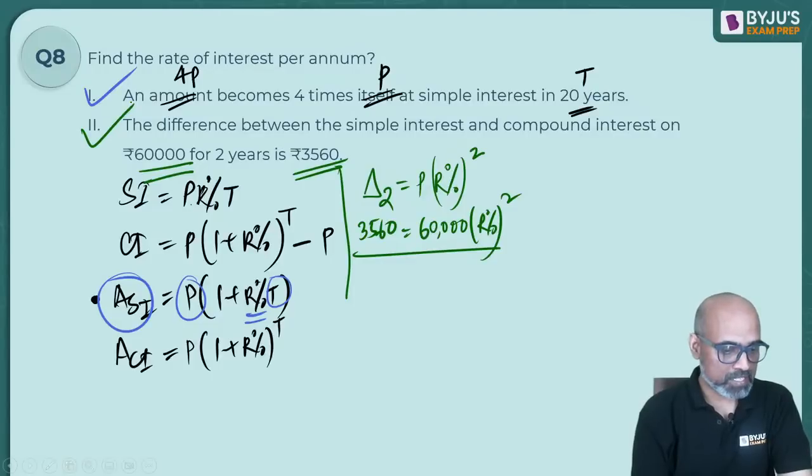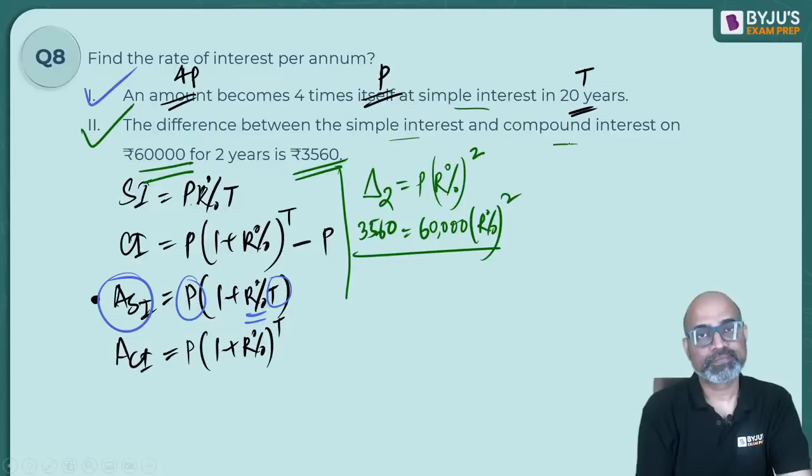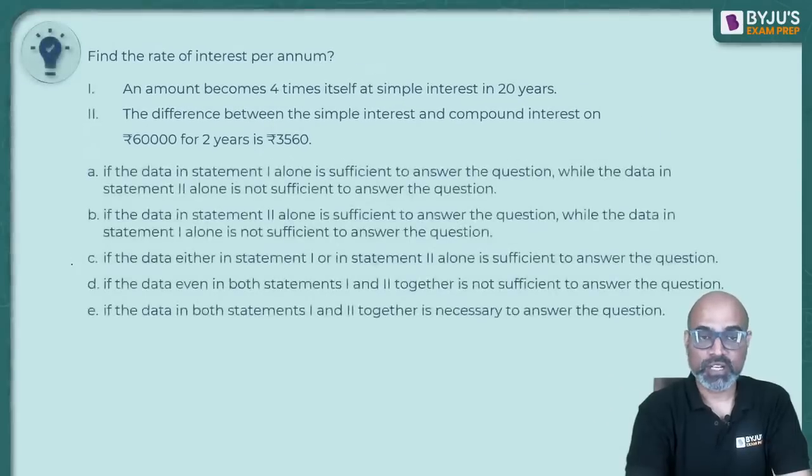If in statement 1 SI was given, then we would have been able to solve it. In the first statement it is given simple interest, Shubham. And in the second one, they have given you the difference of SI and CI. Right? So we can answer the question using either of the statements alone, right?